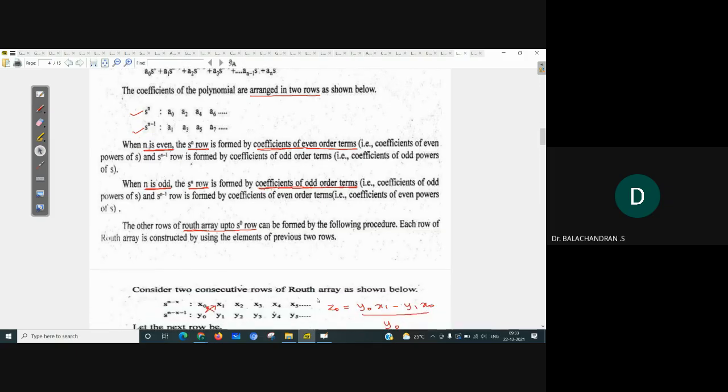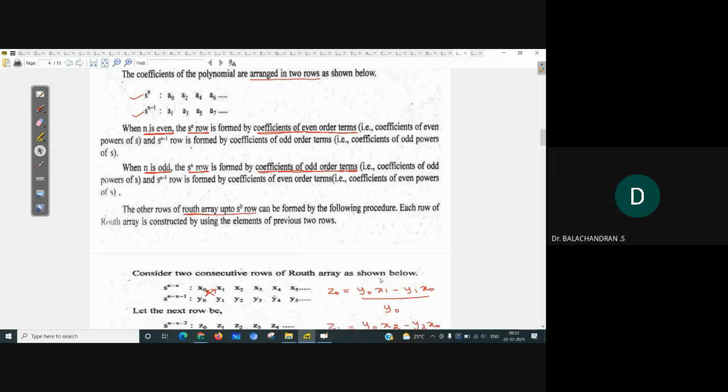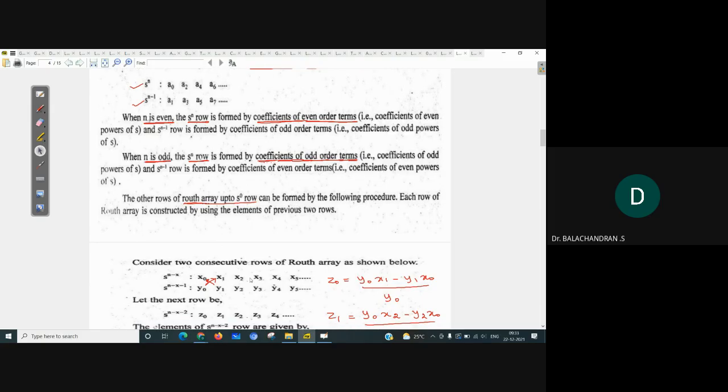So here we consider any two consecutive rows of the Routh array as shown below: s power n minus x with x0, x1, x2, x3, x4, x5, and s power n minus x minus 1 with y0, y1, y2, y3, y4, y5.